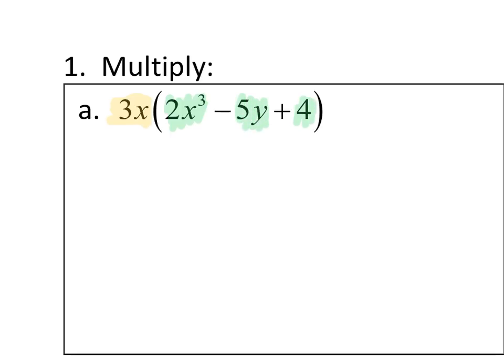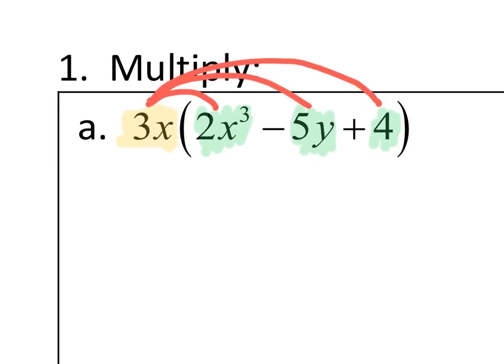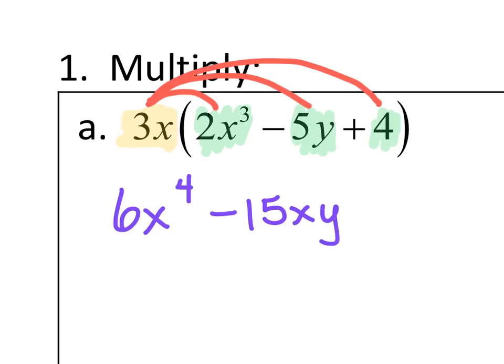And what you'll do then is take that monomial outside and multiply it separately times each of the terms inside of the parentheses. And so what you get in this problem then is first 6x to the 4th power, and then minus 15xy, and then plus 12x.